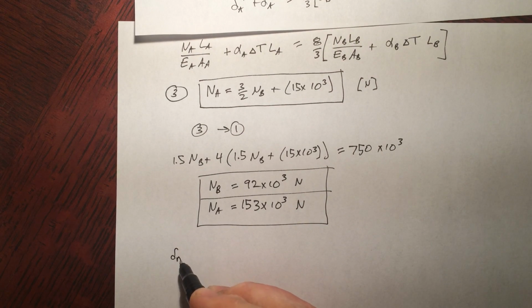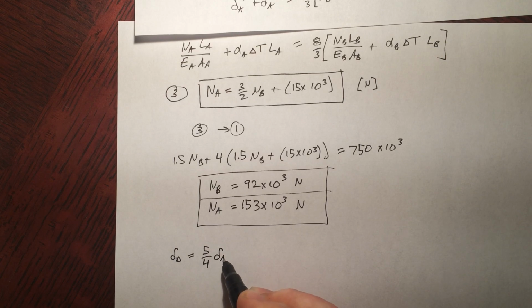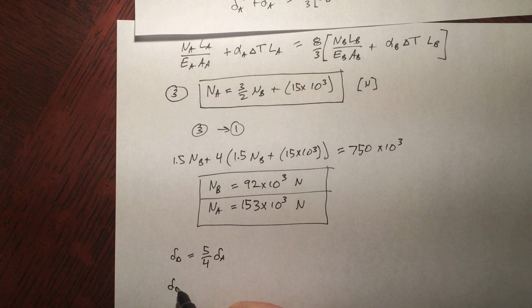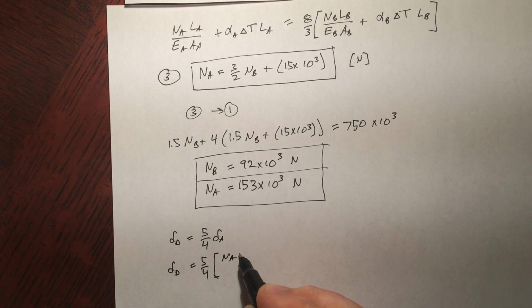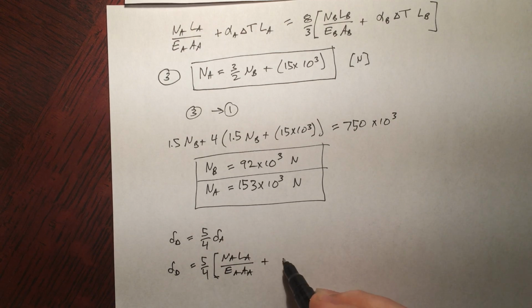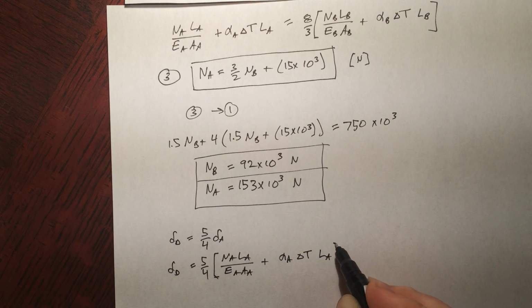Delta D is equal to 5/4 delta A. So I'm choosing to use delta A. Therefore, delta D is 5/4 of delta A, which has a thermal component and a normal force component: N_A L_A over E_A A_A plus alpha_A delta T L_A.